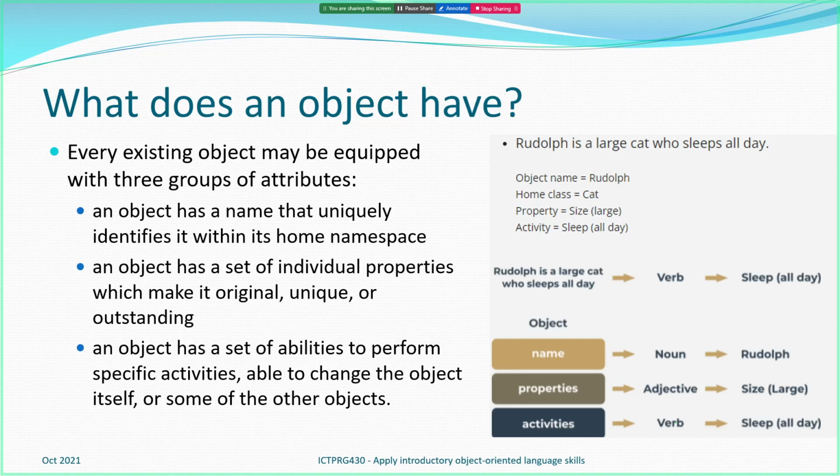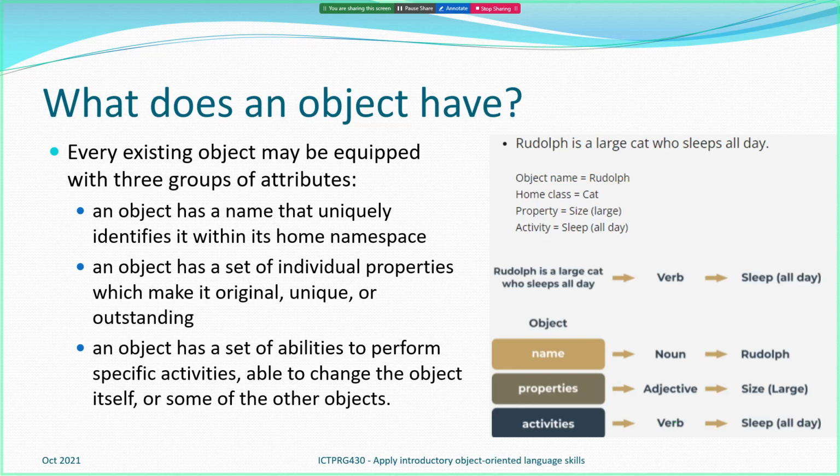So how do you keep track of it? Well, think of it as naming an attribute. You have a series of properties. Each object needs to be named uniquely, so it identifies what that object is.